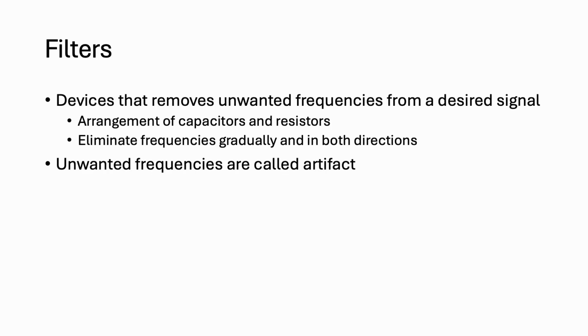So filters are devices, either mechanical, electrical, or software, that remove unwanted frequencies from a desired signal. It's an arrangement of capacitors and resistors in a certain way, and it allows us to eliminate frequencies gradually and in both directions. Unwanted frequencies are called artifacts.